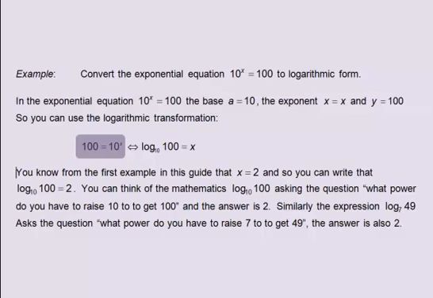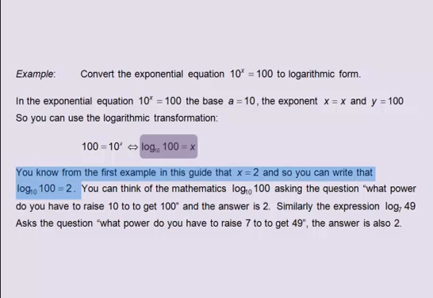The equation 100 equals 10 to the power x can be transformed to log to the base 10 of 100 equals x. You know from the first example in this guide that x equals 2, and so you can write that log to the base 10 of 100 equals 2.